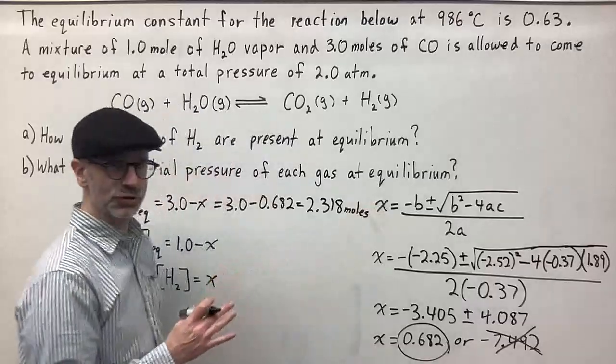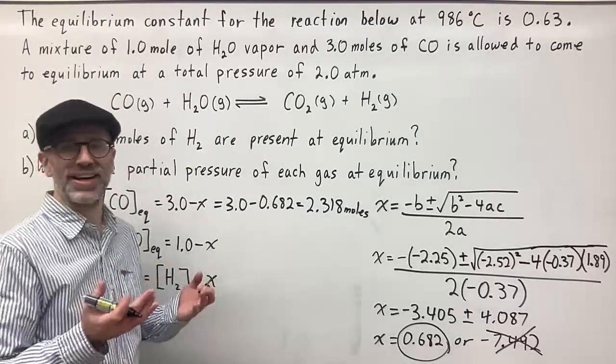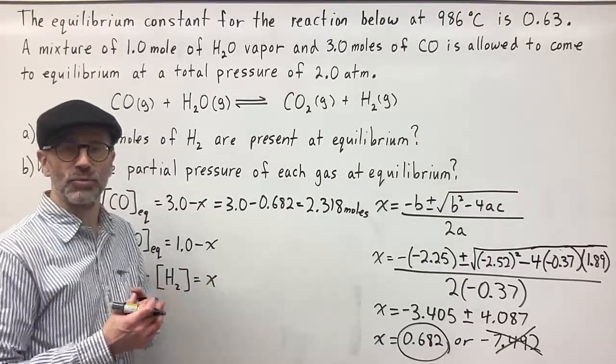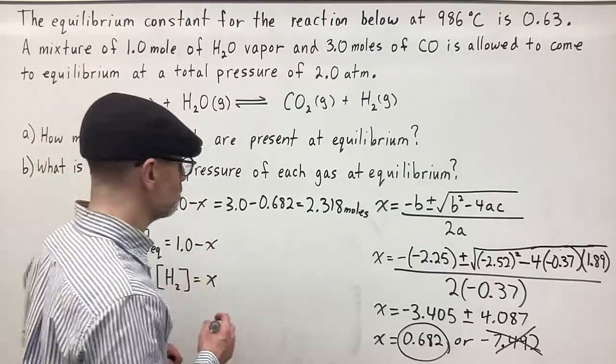And these are moles, right? Because remember, concentration and moles were treated the same in this problem because we weren't given a volume, so we just assume any volume, it's got to be the same volume, so therefore why not one liter?